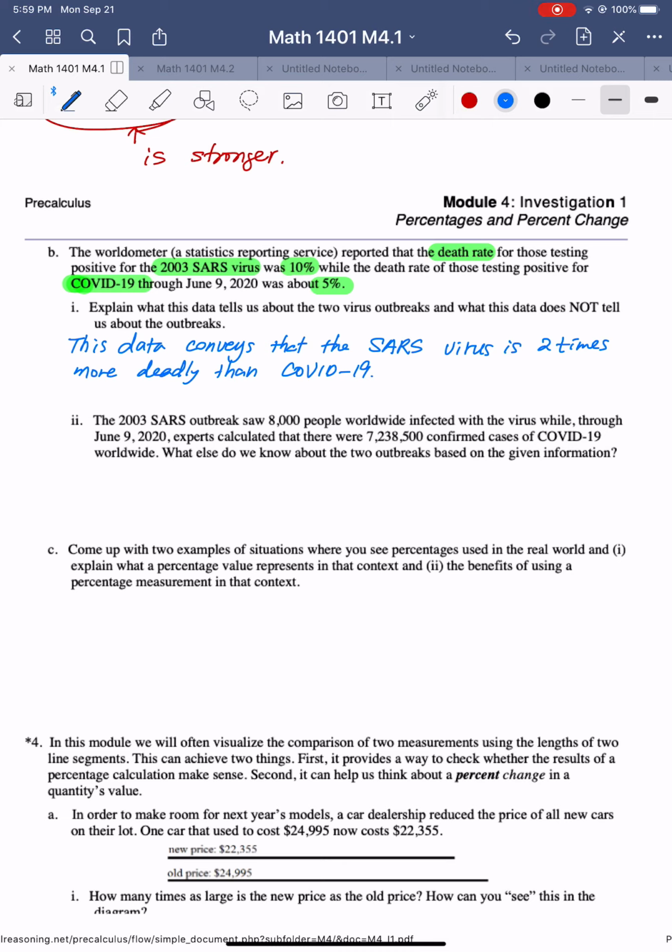But what does this data not tell us? Well, out of how many? Out of how many 10%, out of how many 5%. So let me use another color.